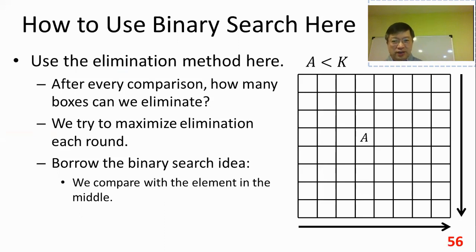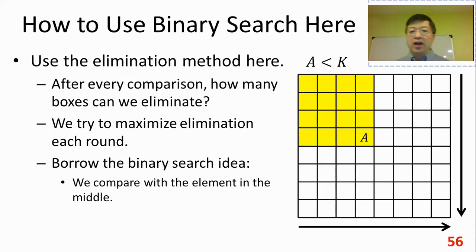Can you see it? Using the order information from left to right and from top to bottom, what are those elements? We are pretty sure they are less than or equal to A, so we can eliminate them because they have no chance to be equal to K.